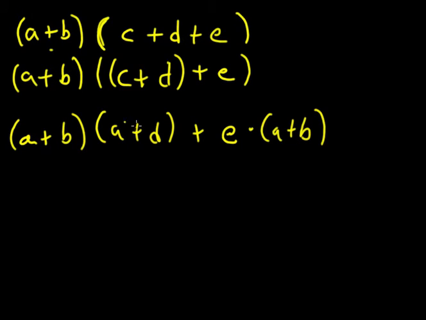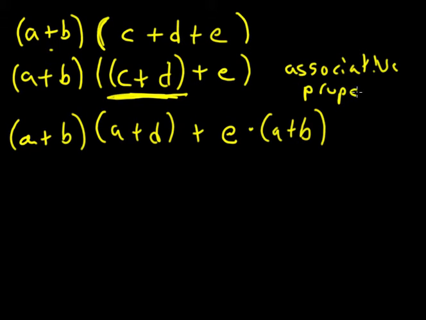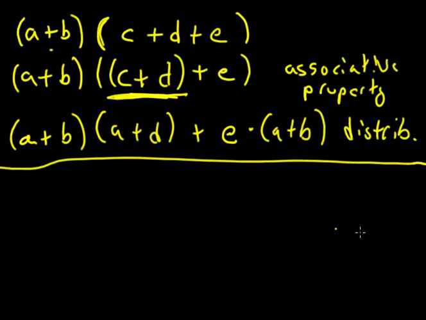So our associative property of multiplication and distribution property combine. But what we really care about is not the why, but the how in this case.